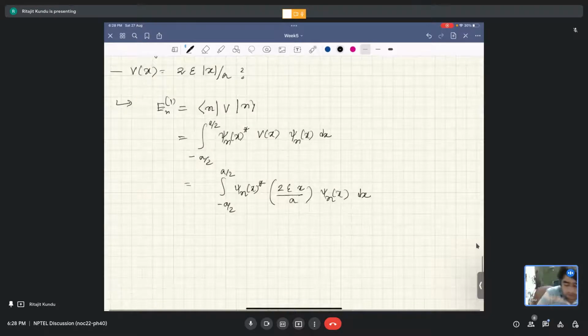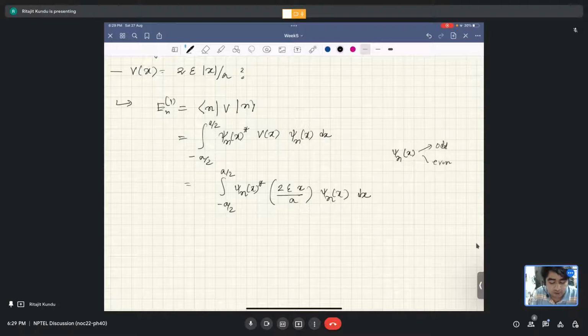Now psi n, as I just showed you, can be odd or even depending on what your n is. But the mod square of psi n of x is always even in this case.